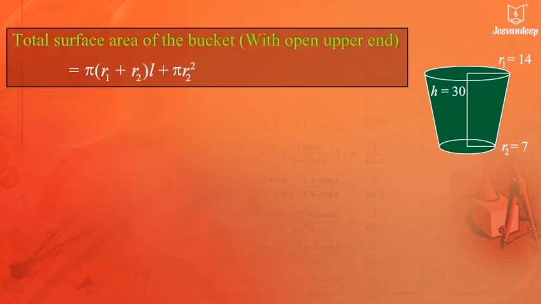Total surface area of the bucket is equal to pi (R1 plus R2) L plus pi R2 square.